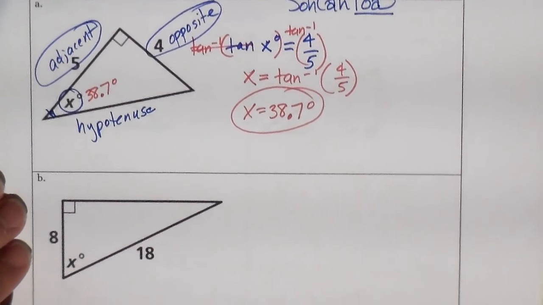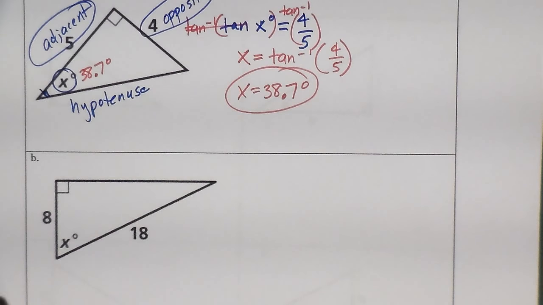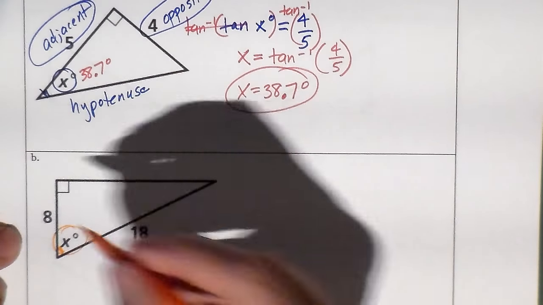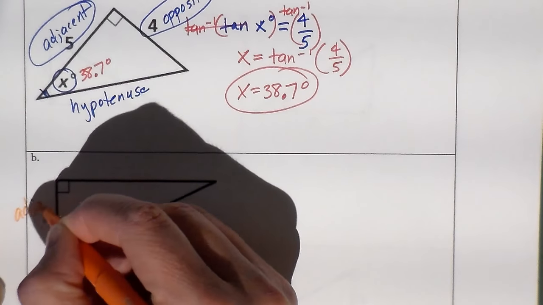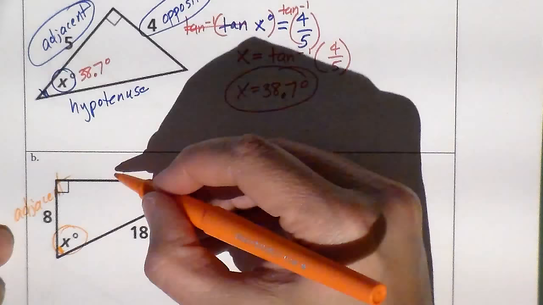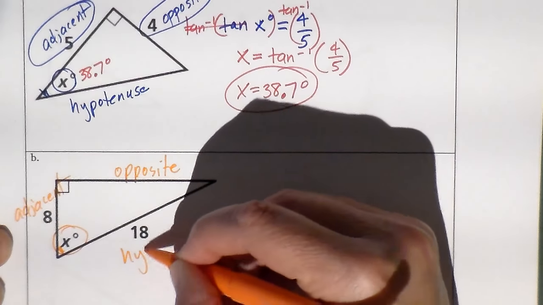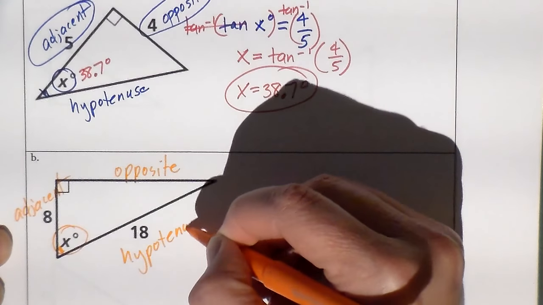So now let's look at the next one. We'll do the same thing. So let's figure out our function here. If I want to figure out my function on this one, here's my angle. That means this is adjacent. This is opposite, and this is hypotenuse. Always label your triangles, guys.